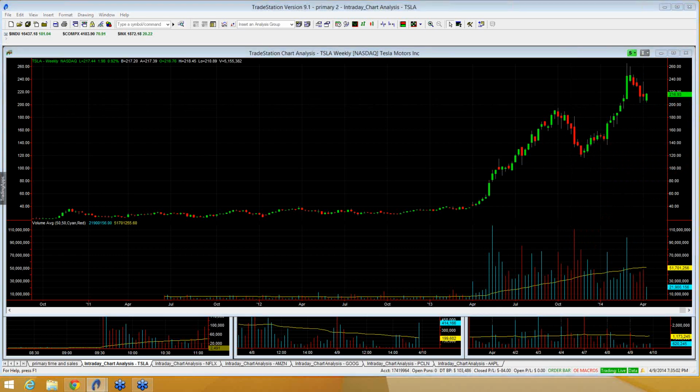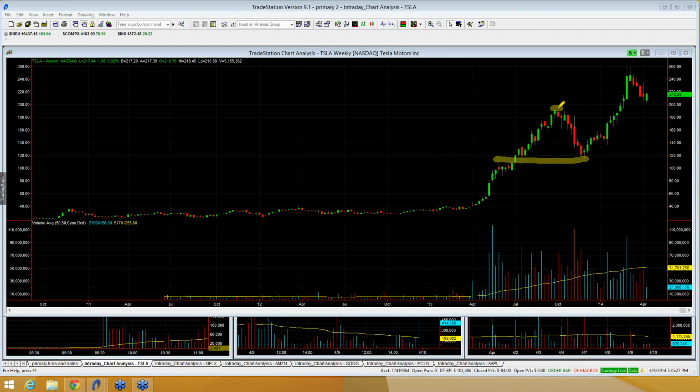I'll show you another thing I noticed on the weekly chart. You look at this high here in Tesla from April. Look at where Tesla pulled back in October 2013. It pulled back right to that high, held it, previous resistance acting as new support. Now you see this high in late September or early October.